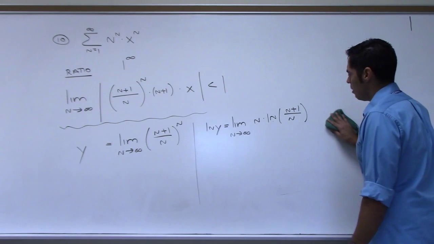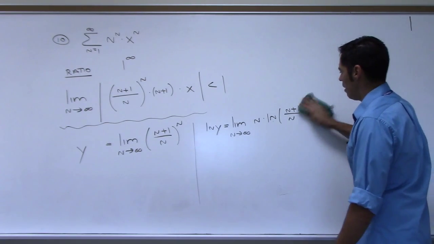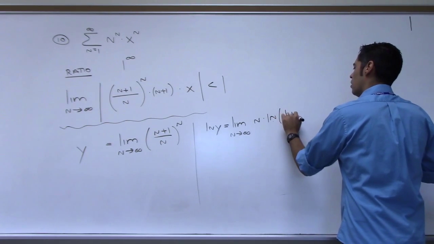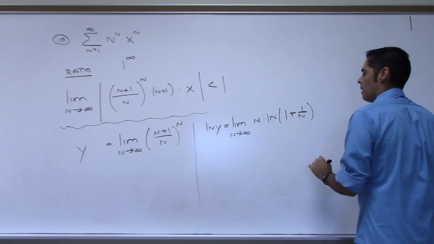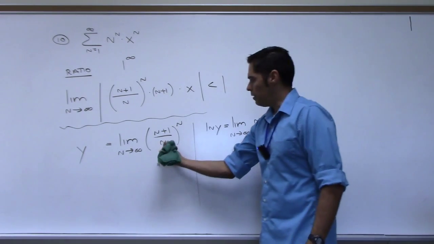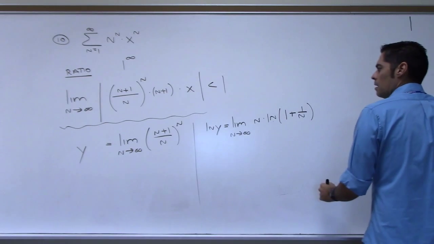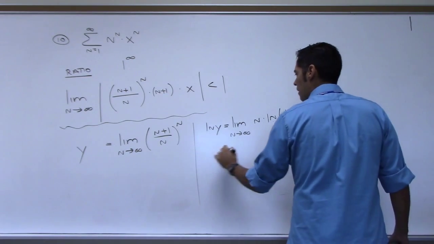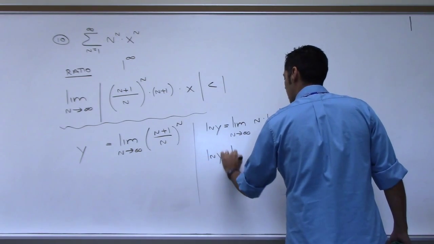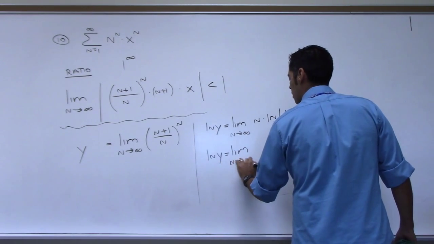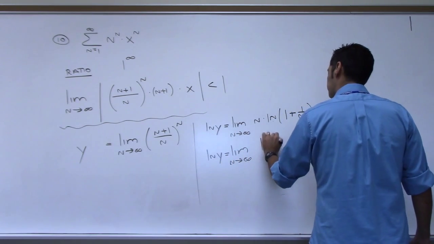And I think what I'll do is rewrite that in there as 1 plus 1 over n. And I did that to split it into two different fractions. All right, so what happens here? I need to now take that n that's out front, drop it to the denominator.